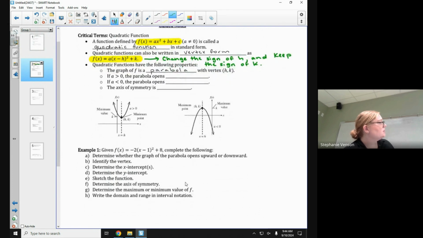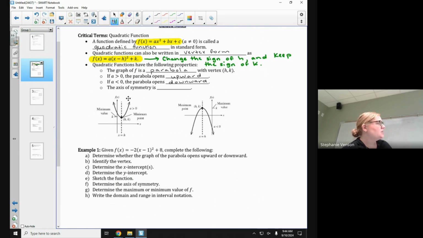So that's your vertex. If a is greater than 0, meaning a is positive, the parabola opens upward. And if a is less than 0, meaning a is negative, then the parabola opens downward. Now, the axis of symmetry is this invisible folding line that you see right here. It means that the graph of the parabola is a mirror image on each side of that folding line.